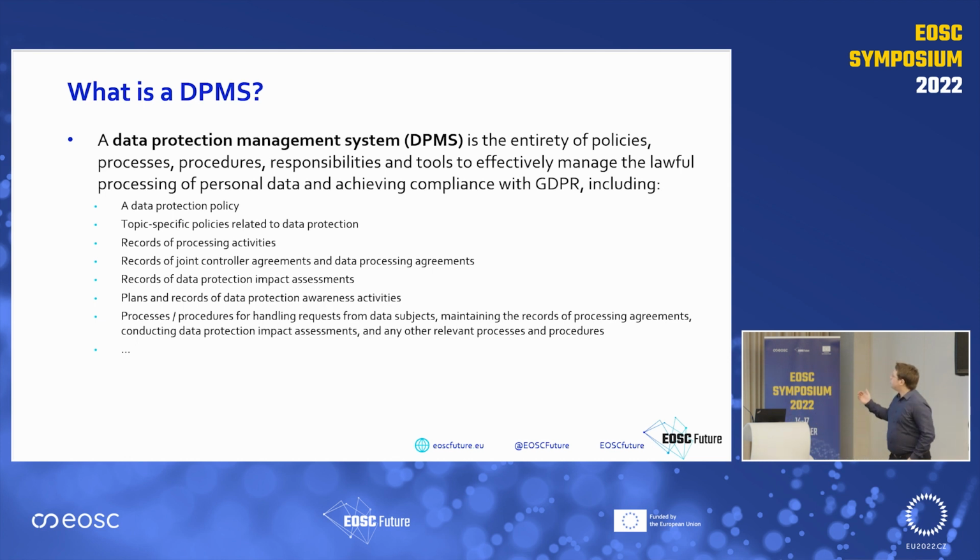It usually consists of policies, processes, responsibilities, and tools to effectively manage lawful processing. For example, the processing directive, a list of all your processing activities, is part of your DPMS. It's a bunch of documentation and the related processes and procedures on how it is maintained and what you do based on it.